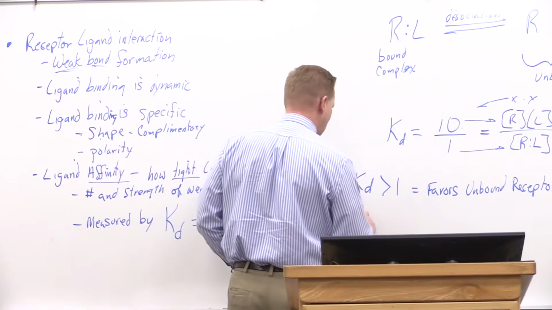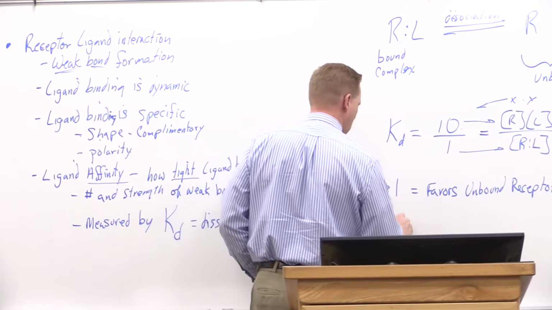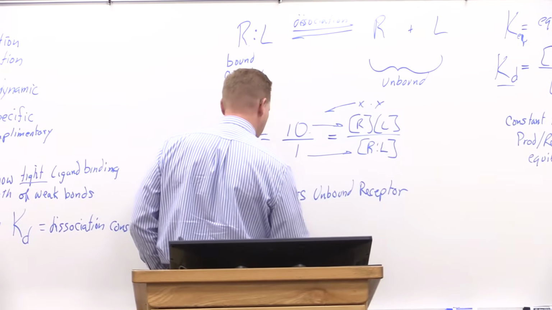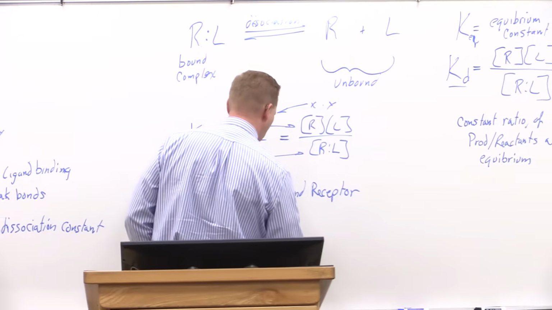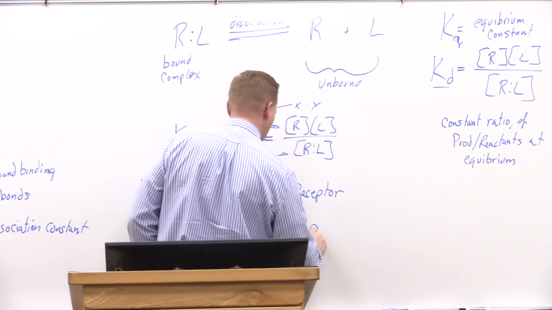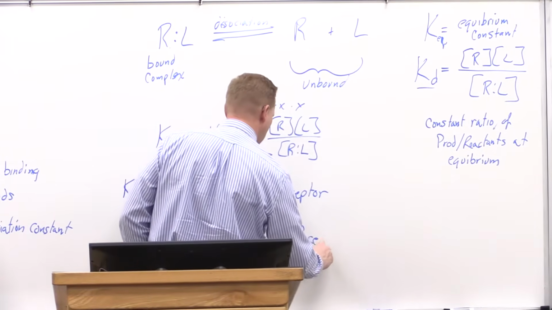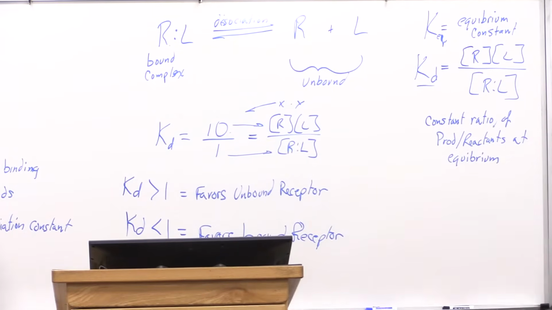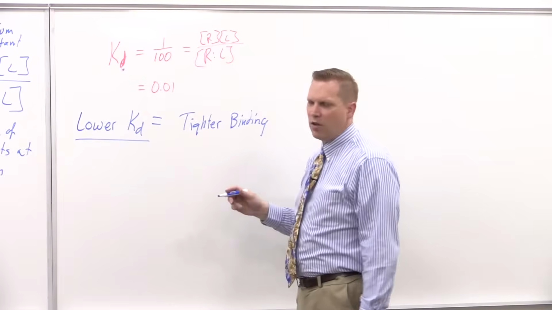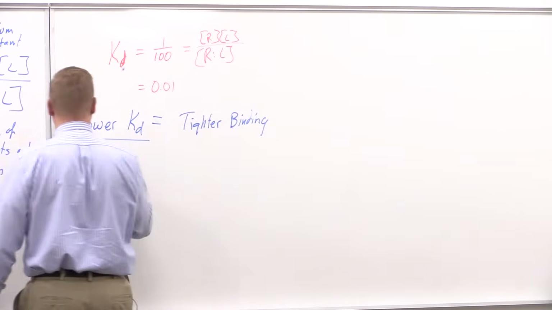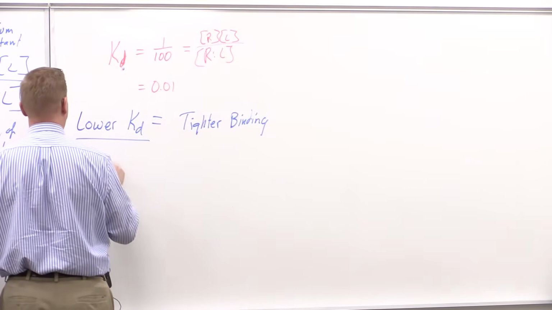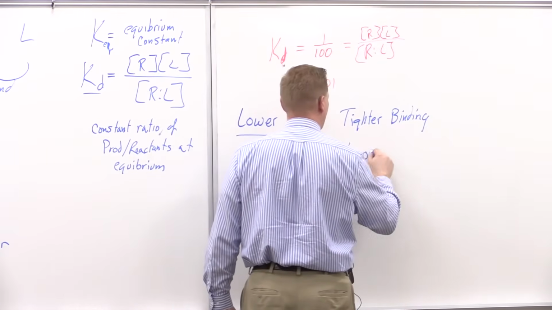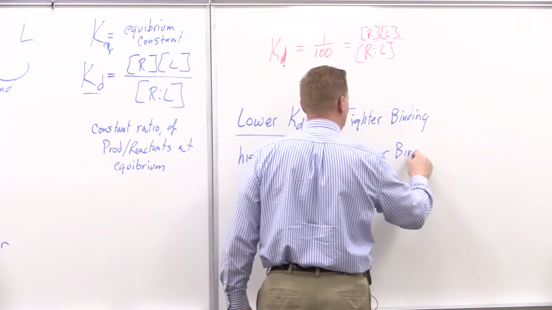If it is less than 1, then it favors the bound form, so the bound receptor. And we can further say that the lower the Kd number is, the tighter the binding, and then the converse of that is the higher the Kd equals looser binding.